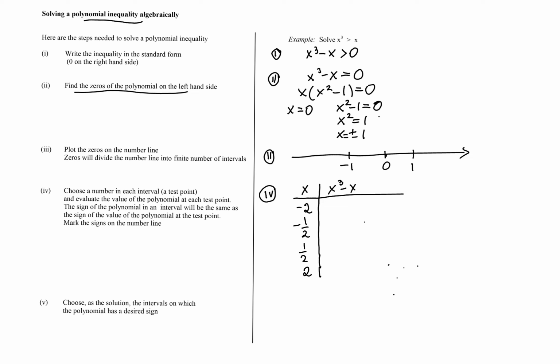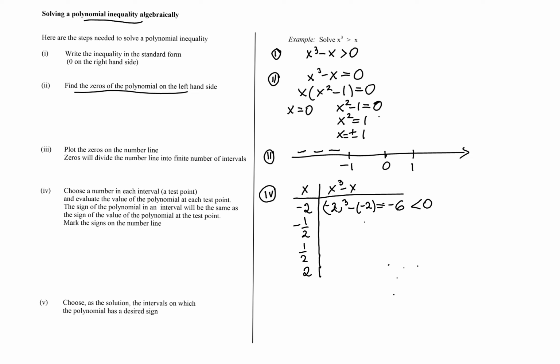At negative 2, we have negative 2 cubed minus (negative 2), which results in negative 6. The value is negative, less than 0, therefore the sign of the polynomial is going to be negative in the whole interval from minus infinity to negative 1.